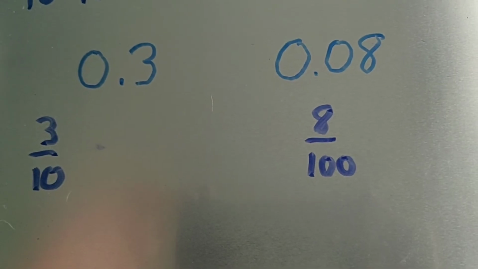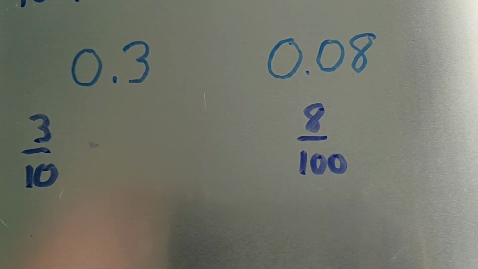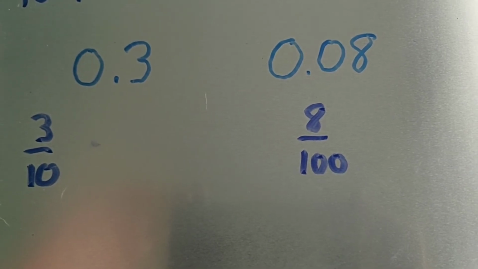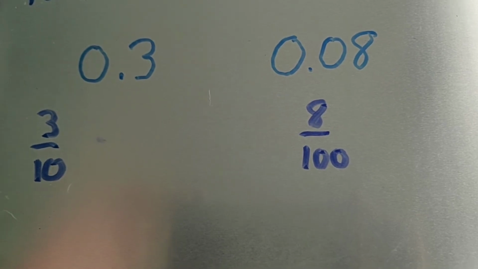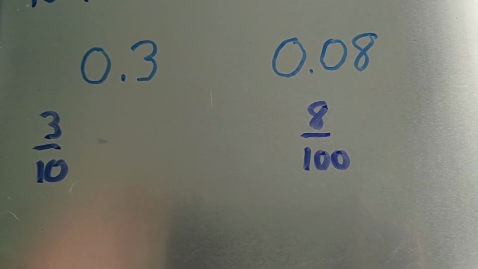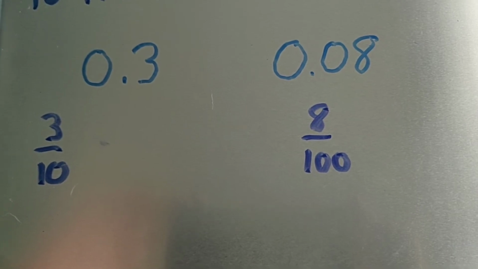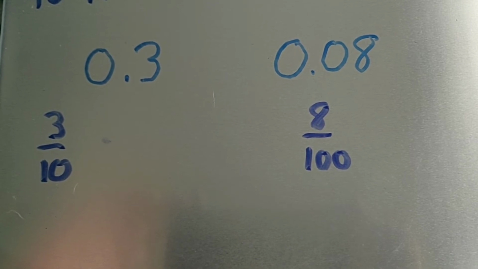And that's right, 0.3 is the same thing as saying 3 tenths. And 0.08 is equivalent to 8 hundredths. And before we even go any further, in 3 tenths we have a whole that's broken into 10 equal parts.